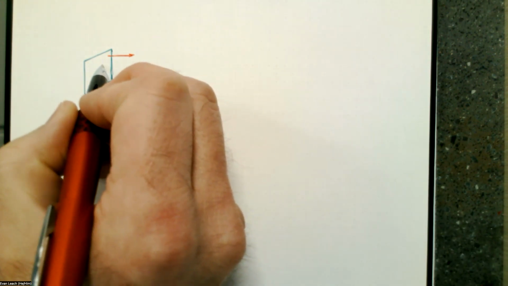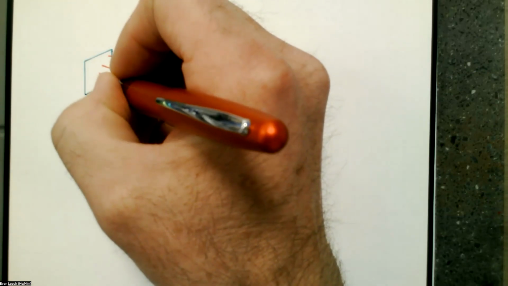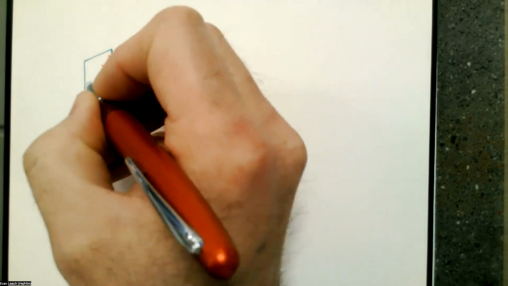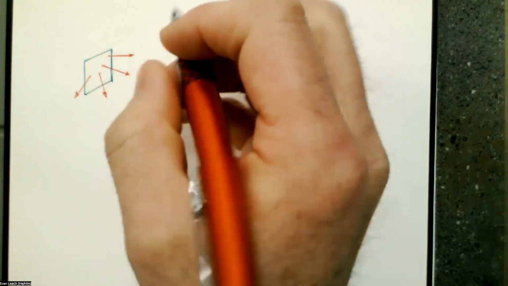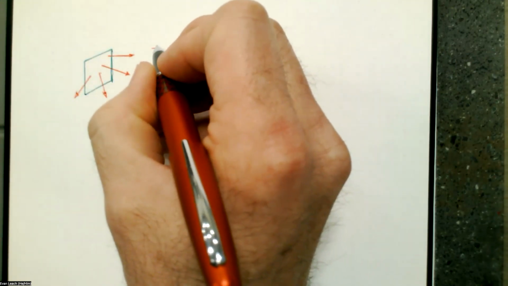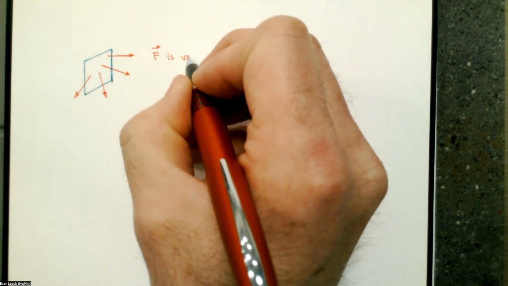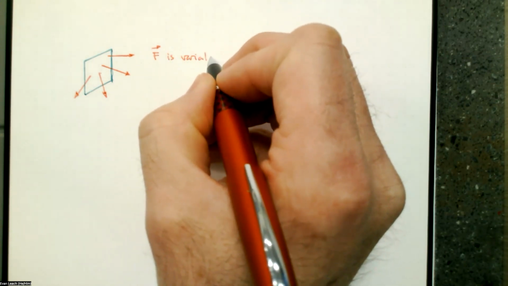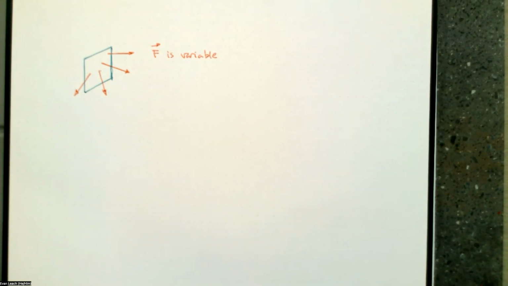But at different points, it's flowing at different angles. So it's coming through the surface at different angles.